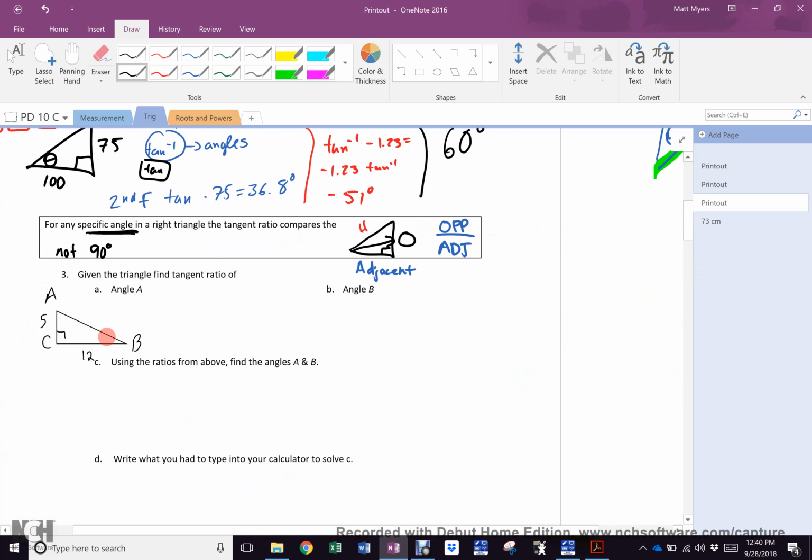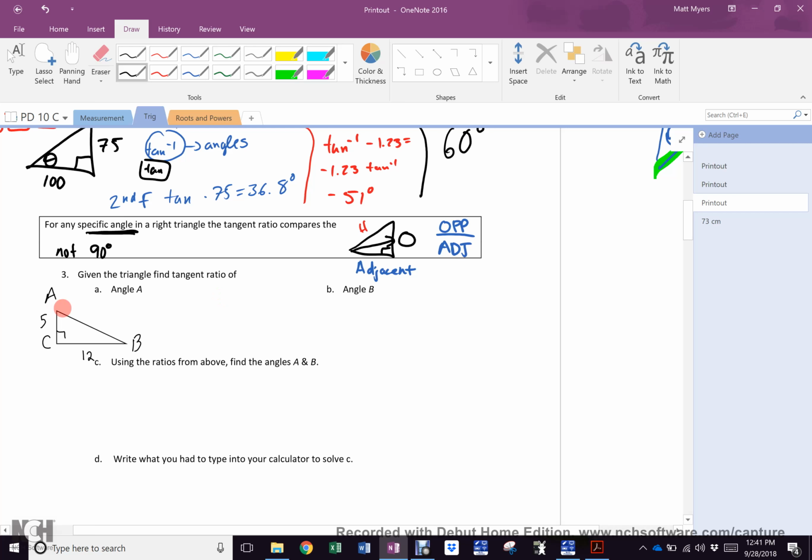Prove it. There's a triangle. What is the tangent ratio of angle A? Don't say it out loud, just write it down. Remember, a ratio is written as a fraction. I do not want the decimal right now.